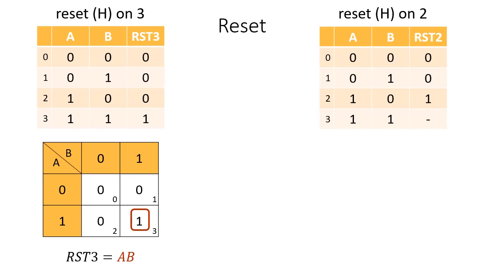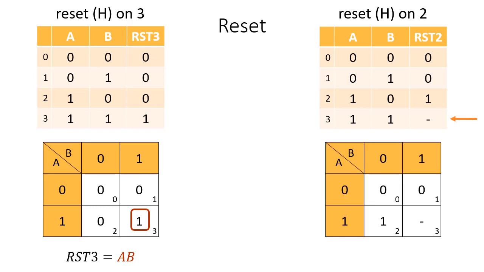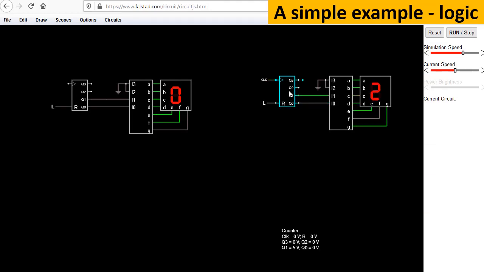To reset on 2, we set here high state, here don't care bit, because we do not expect the counter would be in that state. So Carnot map looks like that, and the function is just here, A. So most significant bit.